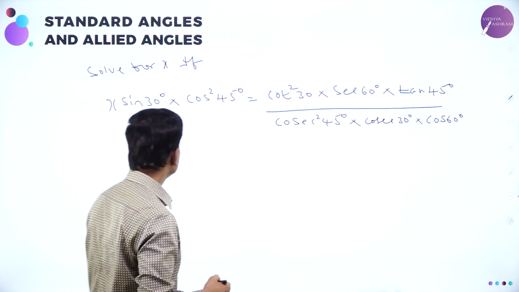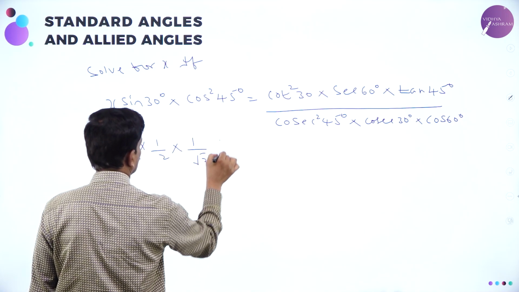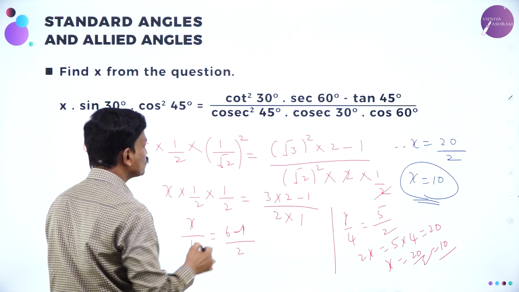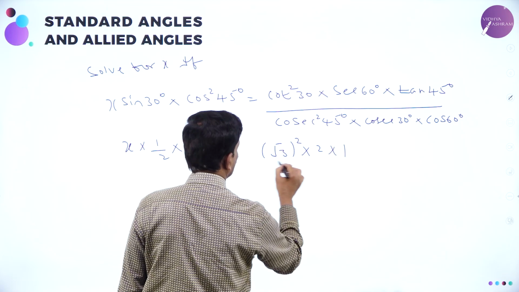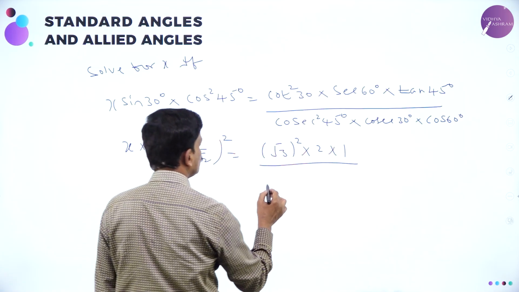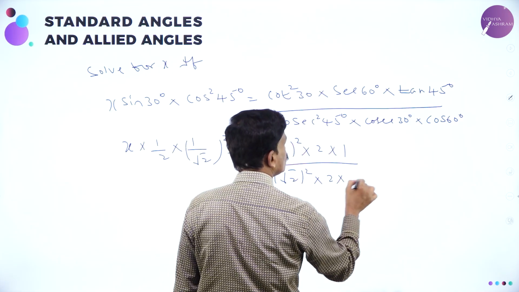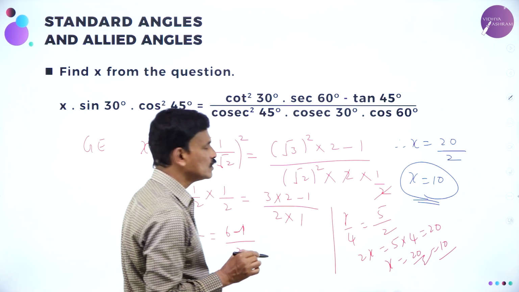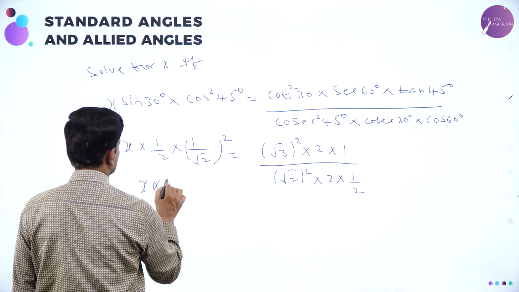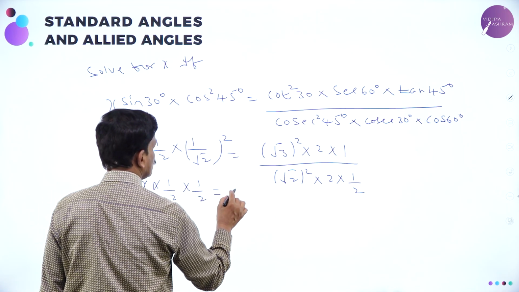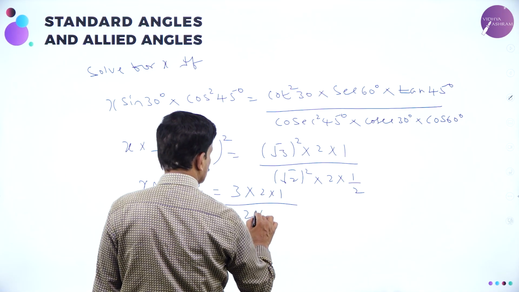So, the same problem here. This is nothing but x into sin 30 is 1 by 2, sin 45 is 1 by root 2 whole square, is equal to root 3 whole square into 2 into 1 divided by root 2 whole square into cosecant 30, which is 2 into cos 60, which is 1 by 2. Now, if you simplify this, what are you going to get? x into 1 by 2 into 1 by 2 is equal to root 3 whole square is 3 into 2 into 1 divided by 2 into 2.